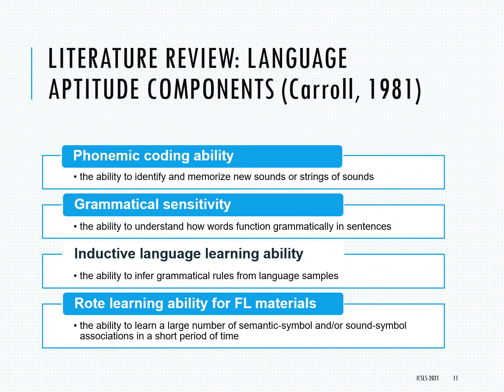When it comes to aptitude, we find different components in its traditional conception, as you can see in this slide. These are phonemic coding ability, grammatical sensitivity, inductive language learning ability, and rote learning ability. They are represented in different ways in the test that we used in this paper.